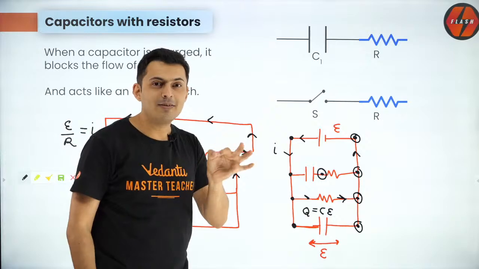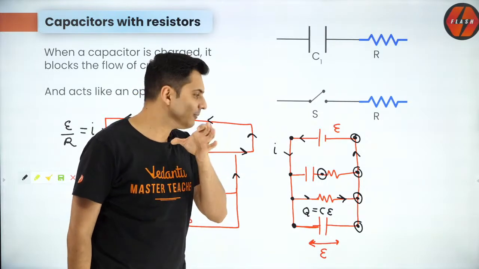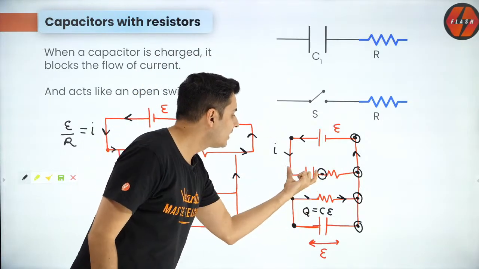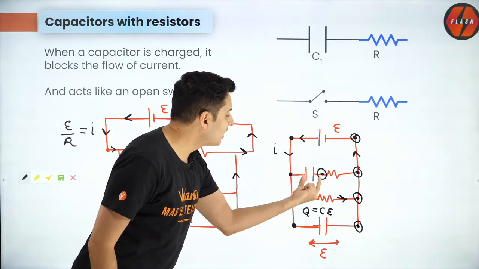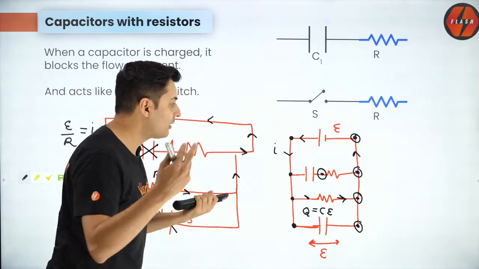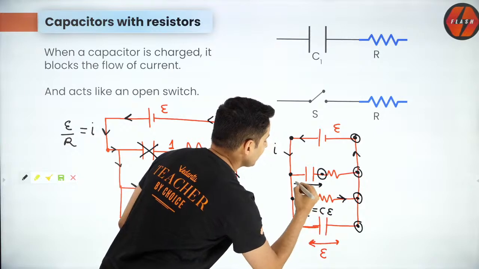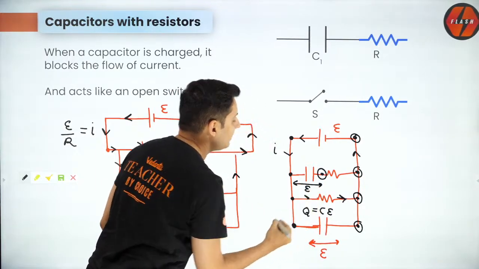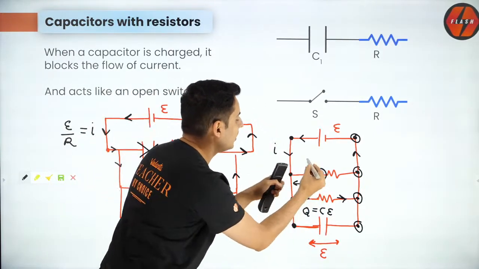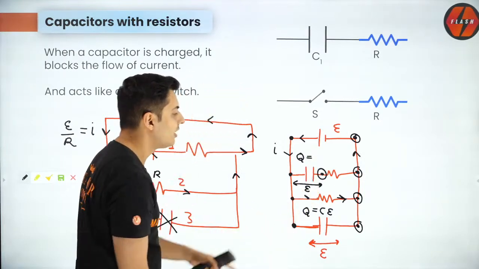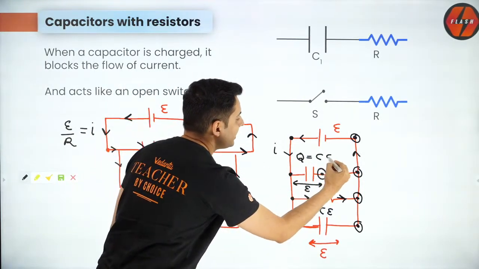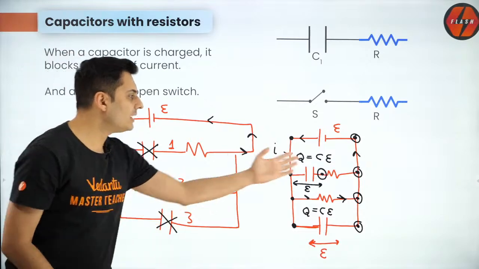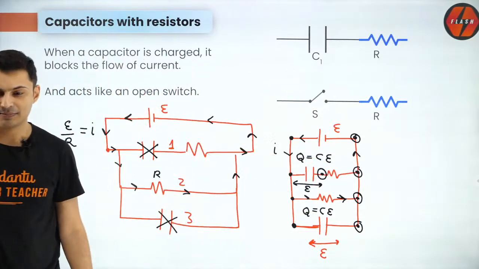IR is 0. V is IR, I is 0, then V is also 0. So if I ask you what is the voltage across this capacitor, what will be the answer? The voltage across this capacitor is still E. So what is the charge on this capacitor? C into E. Q is CV. That is the answer.